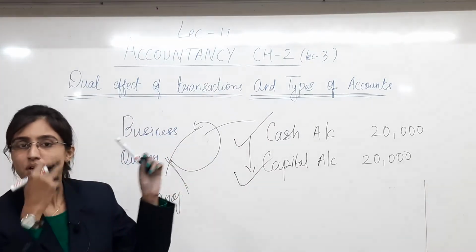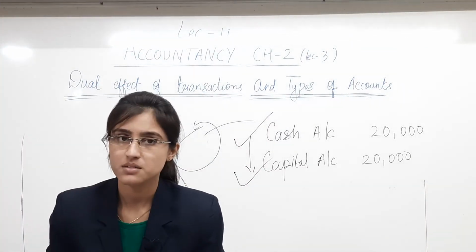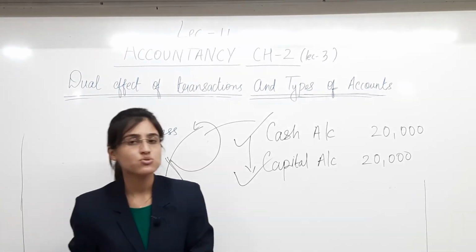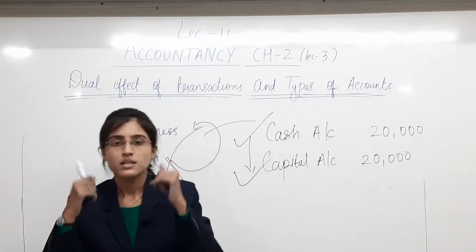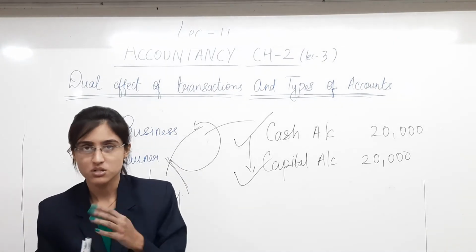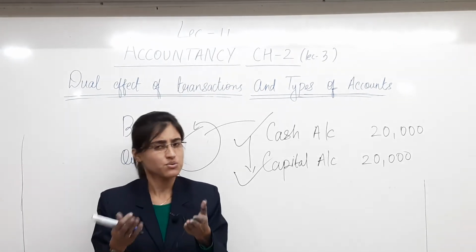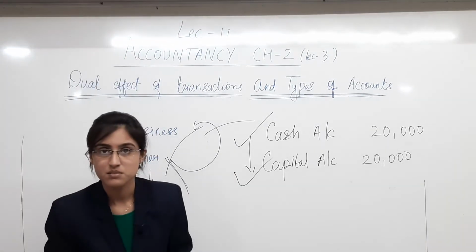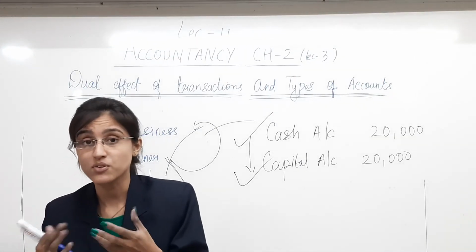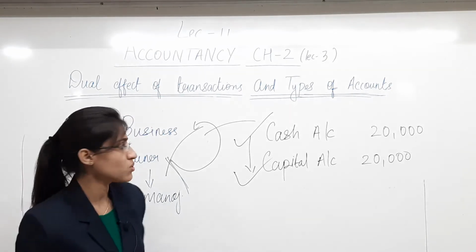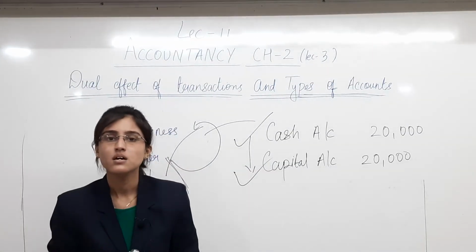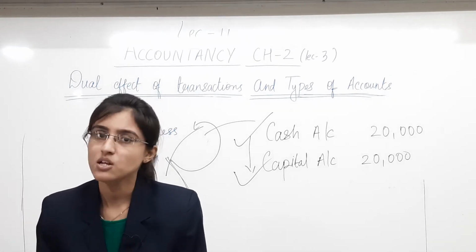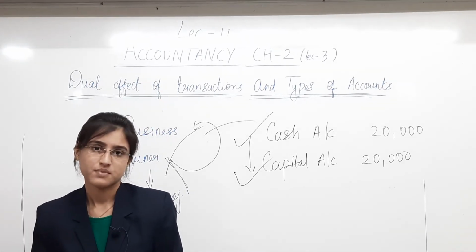These are the two effects. Here I am going to teach you the two effects only. The explanation is given well in your textbook. You can read it ahead and understand accordingly. I will just highlight the two effects of the transaction, and those two effects are obviously presented in the form of answer of this illustration in your textbook.